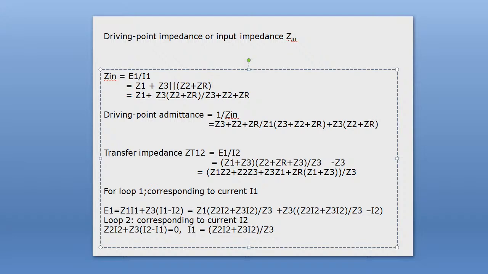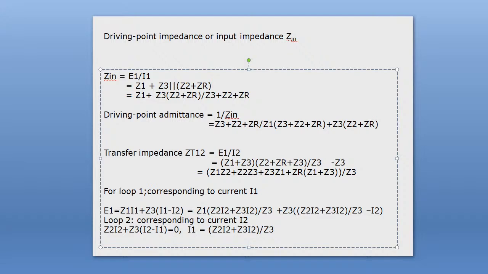Now you can derive the expression of transfer admittance. The transfer admittance expression will be the reciprocal of ZT12, the transfer impedance. So you can calculate the value of transfer impedance as well as driving point impedance for any given circuit.